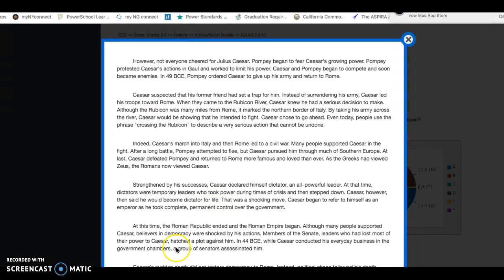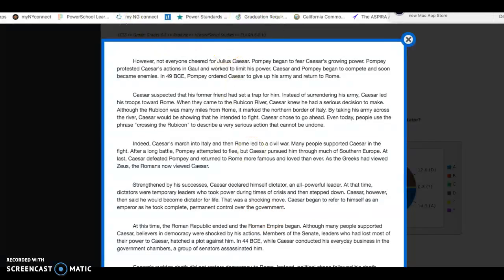Towards the end, they start talking about how under Julius Caesar's rule, they start taking over more territory, and at some point, I think it's this paragraph, strengthened by his successes, Caesar declared himself dictator and all-powerful leader. At that time, dictators were temporary leaders who took power during times of crisis and they stepped down. Caesar, however, then said he would become dictator for life. That was a shocking move. Caesar began to refer to himself as an emperor as he took complete permanent control over the government.